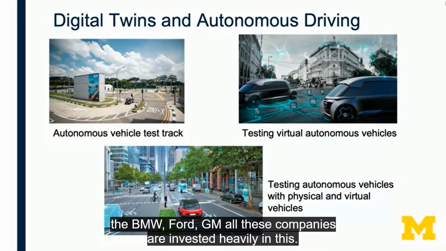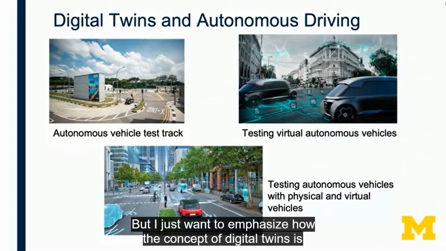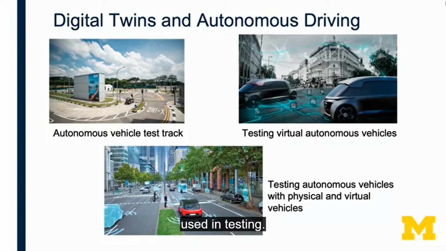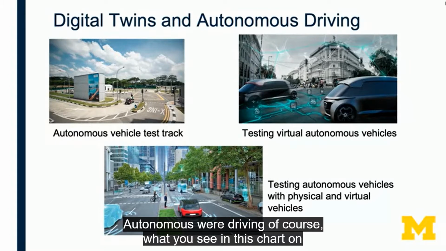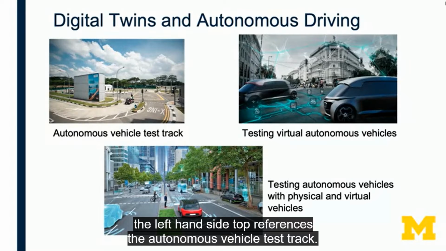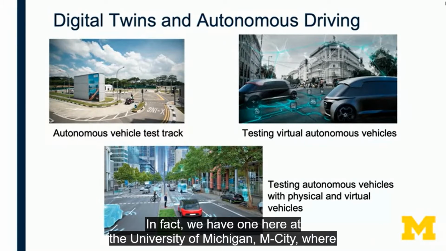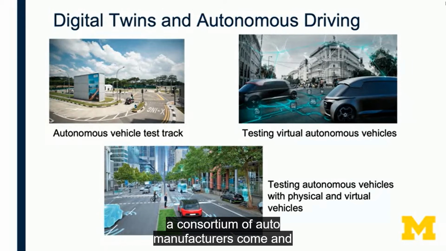All these companies have invested heavily in this. But I just want to emphasize how the concept of digital twins is used in testing autonomous driving. Of course, what you see in this chart on the top left-hand side is the autonomous vehicle test track. In fact, we have one here at the University of Michigan, MCity, where a consortium of auto manufacturers come and test their autonomous driving capabilities.